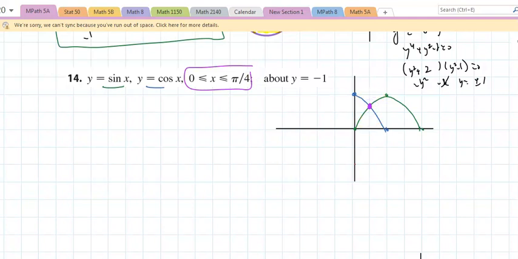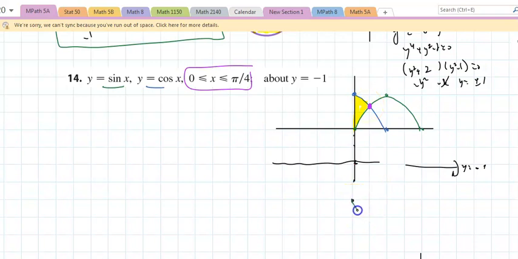So we're talking about this region. Let me make sure. If I glance at this and I want, yeah, that's the way it works. And if I rotate this about the line y equal negative 1, well, the blue is going to look like that, and the green, oops, I got the colors backwards, forgive me.